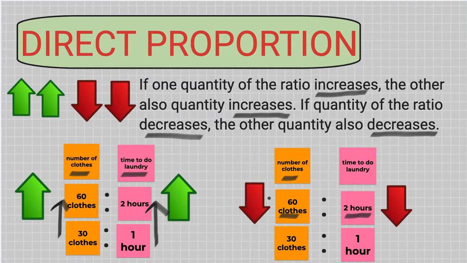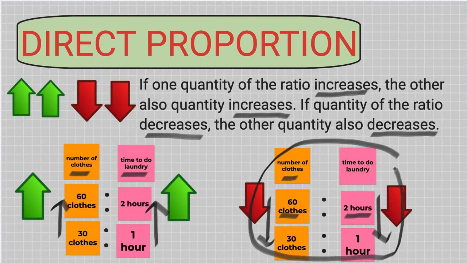Now, if there is a decrease in the number of clothes, from 60 it becomes 30, of course, there will also be a decrease in the time washing the clothes. So this is also a direct proportion. If one quantity of the ratio decreases, the other quantity also decreases.